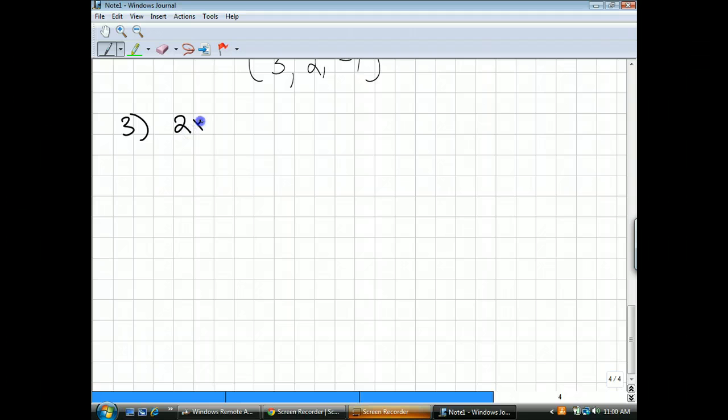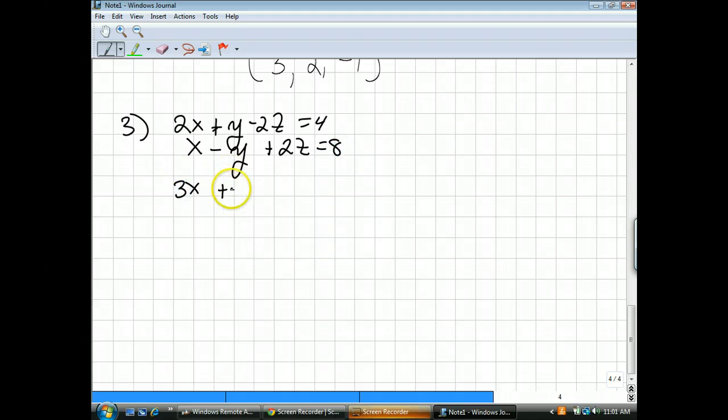So I have 2x plus y minus 2z equals 4, and x minus y plus 2z equals 8, and 3x plus 2y minus z equals 10.